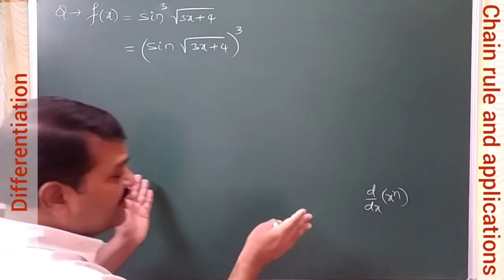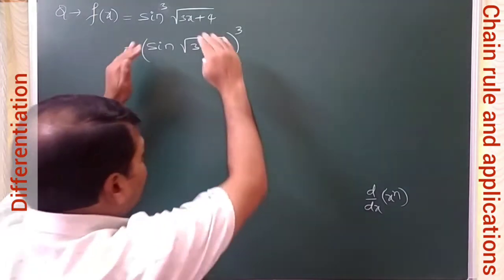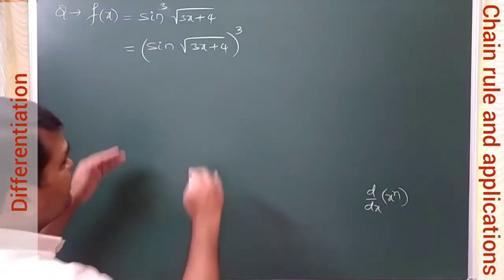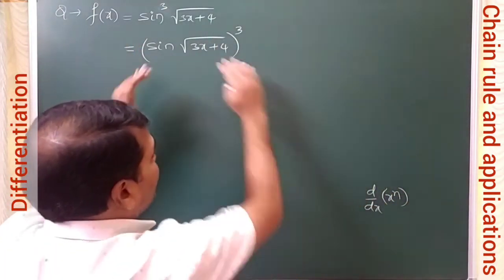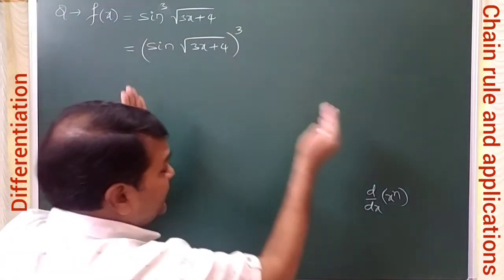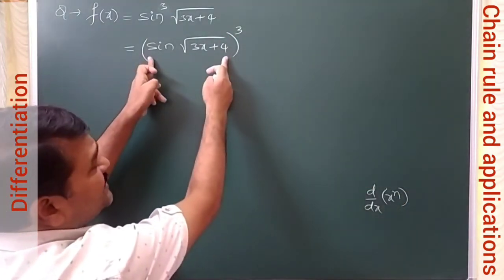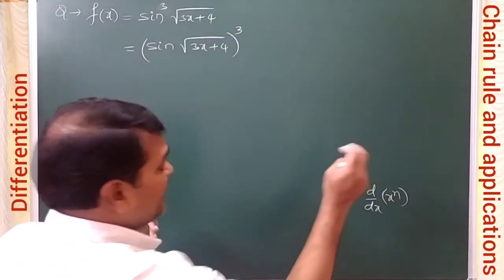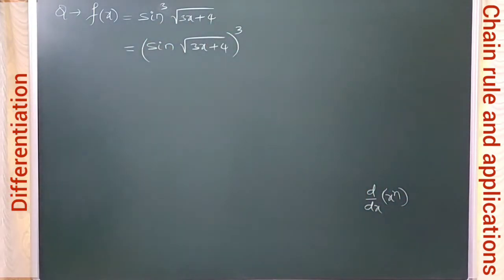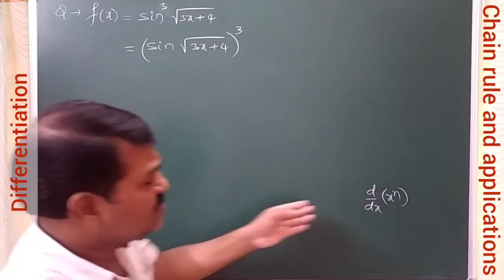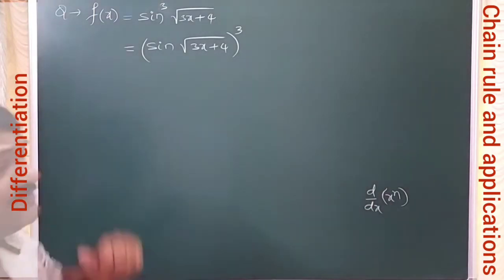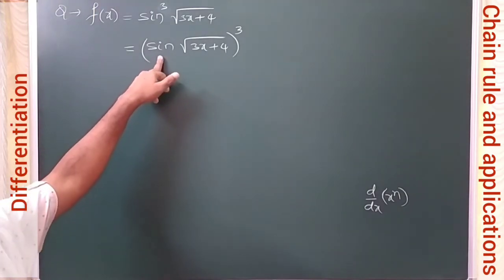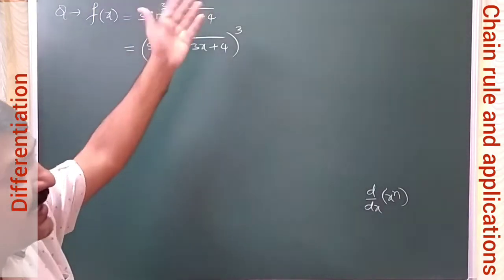So here if you are taking it as function of function, your external function will be this one. Because this is in the model of x power n, and in place of x you have this. So this becomes the internal function. Or directly you assume that this is x power n model, but don't take sine as the external function when you have some index.